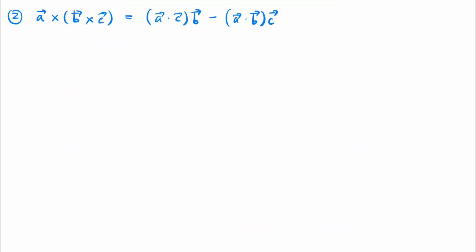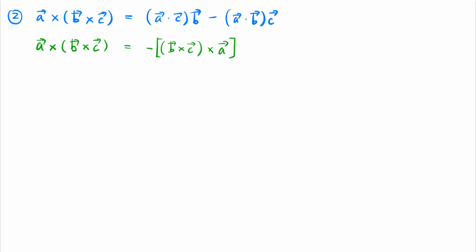Secondly, A cross (B cross C) equals (A dot C) times B minus (A dot B) times C. We can make use of the first point and the properties of the vector product to prove this result more quickly.